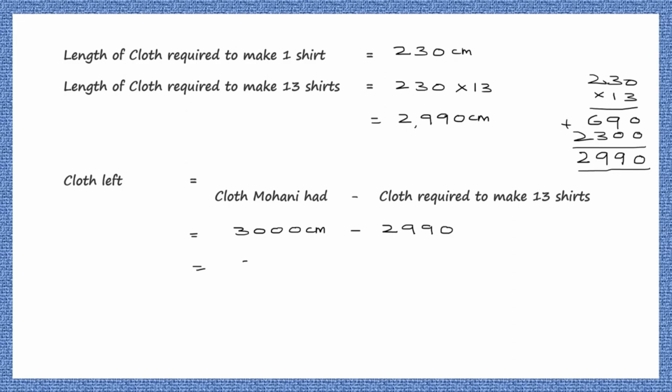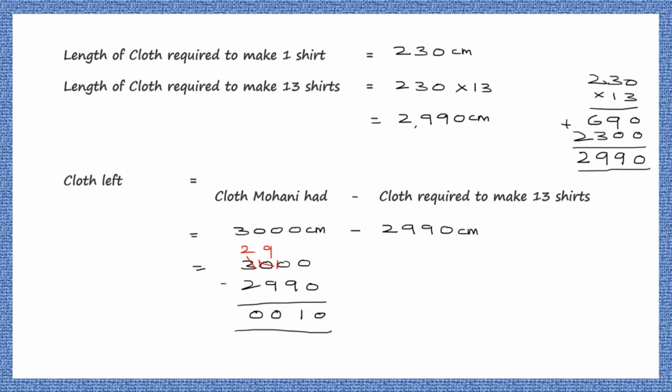So, 3000 centimeters minus 2990 centimeters. So let's subtract these two and see what we have. So here, let's borrow now. We have to borrow from here. So this is 10, 9, 10. 10 minus 9 is 1, 0 and 0.